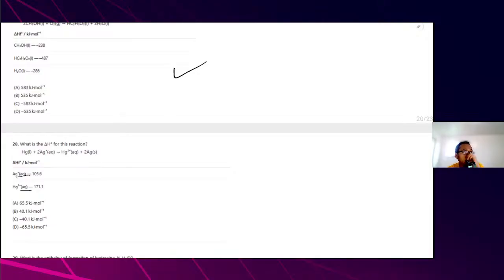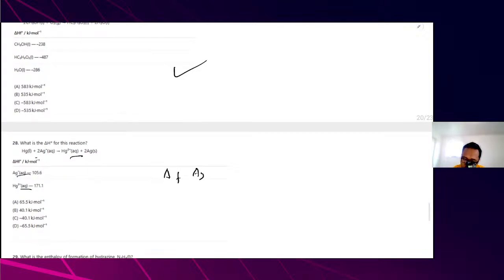Okay, let's see the product and reactant. The enthalpy of formation of elemental mercury and silver are put as 0 because they are in the standard state. So delta H f for aqueous and then aqueous.